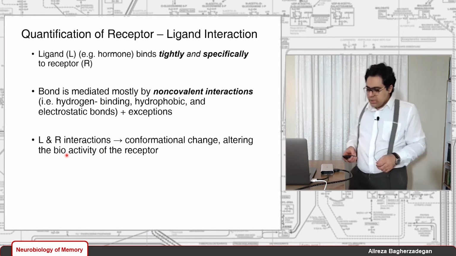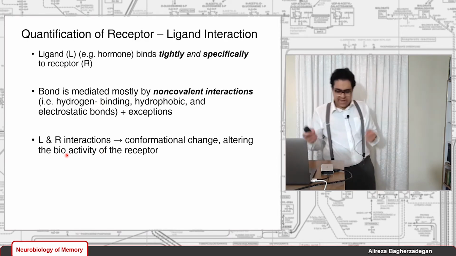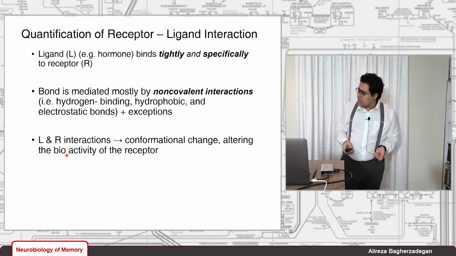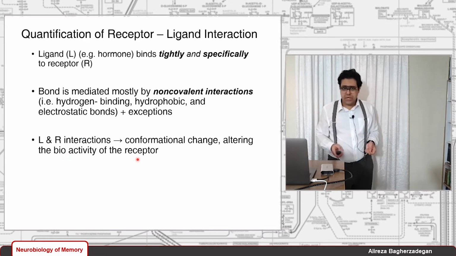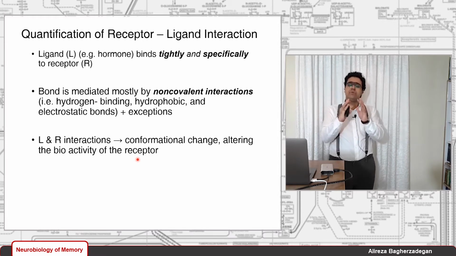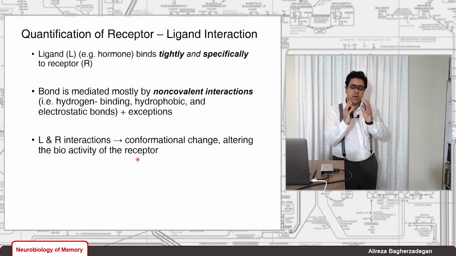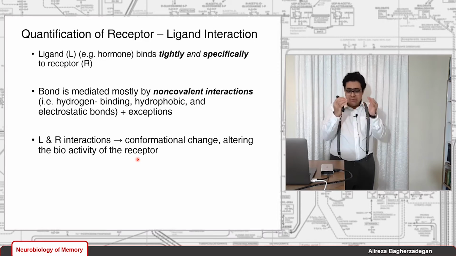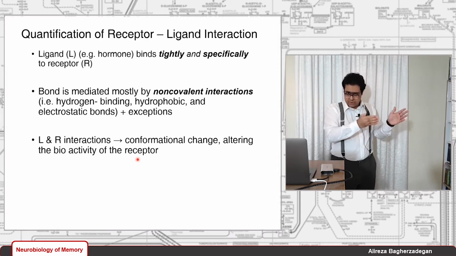So what happens when a ligand is attached to a receptor? There's going to be a conformational change. It means that the shape or the 3D structure of a receptor undergoes a change, and that conformational change, structure determines function.